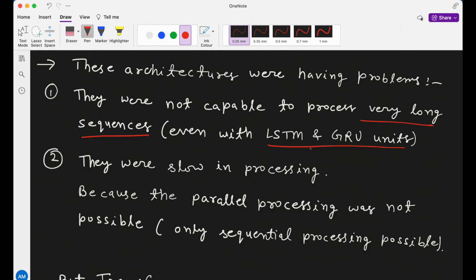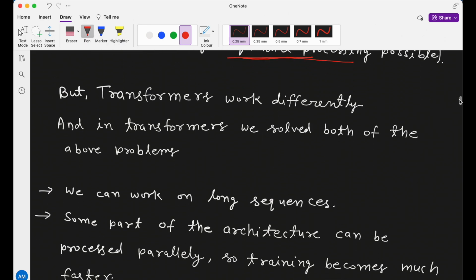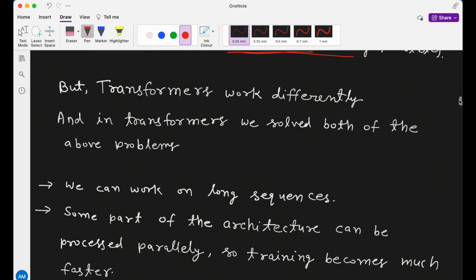The other drawback was that they were sequential in nature. They were only capable of processing in a sequential manner, so we could not do anything in parallel, and that is why they were slow. Parallelism was not an option with those architectures. But with the transformer architecture, these two drawbacks got resolved.